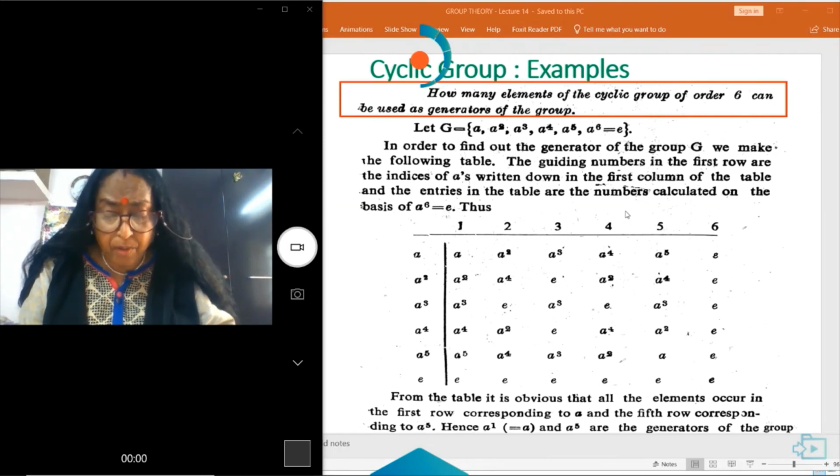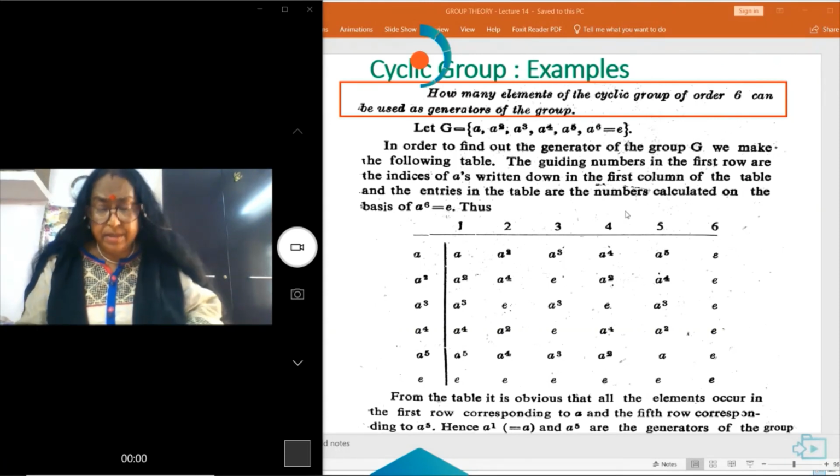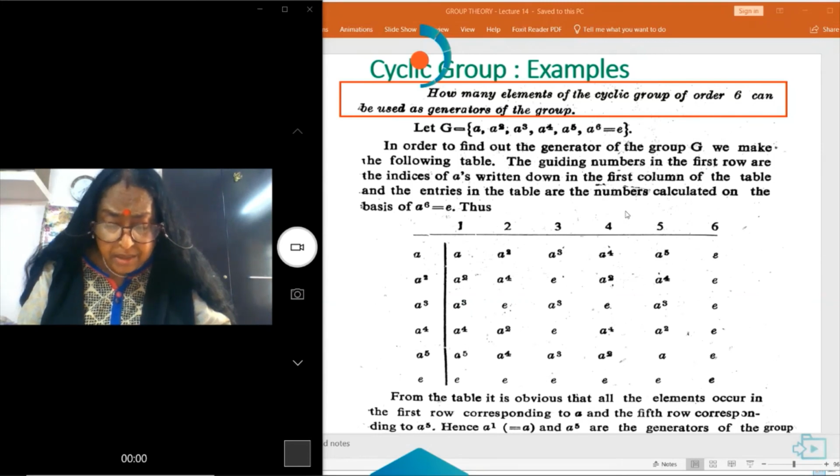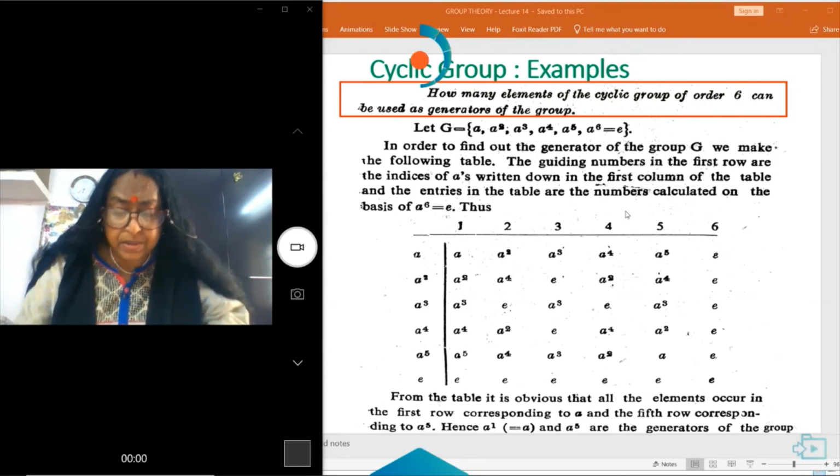So you can form a table 1, 2, 3, 4, 5, 6 and this way. Performing this table, that is, 1 into a equal to a, 2 into a is equal to a squared, and this way.